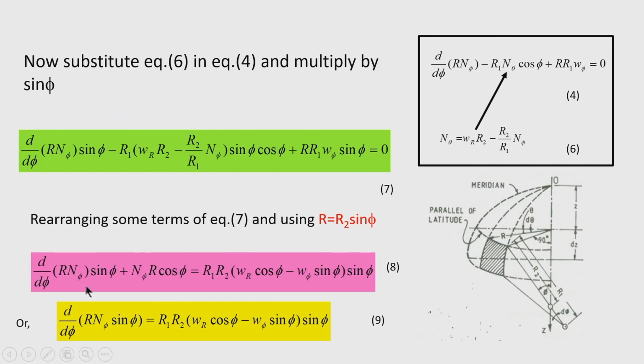And then after arranging, these two terms can be written here as d by d phi of (r n phi sin phi). So that is possible, and after writing this we get a simple expression, which can be integrated.